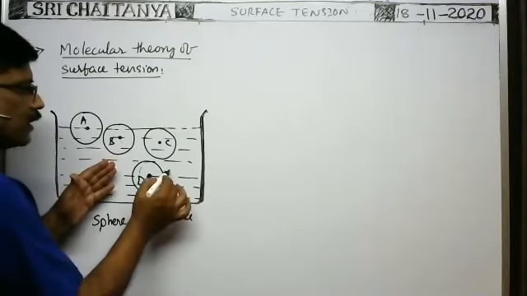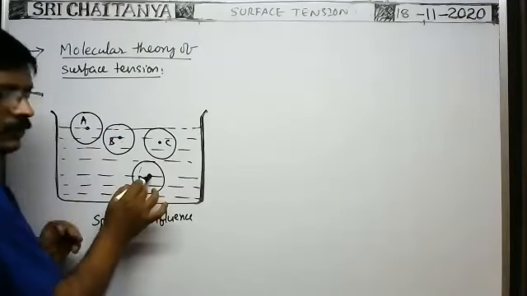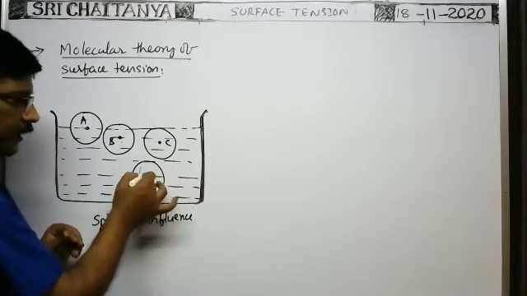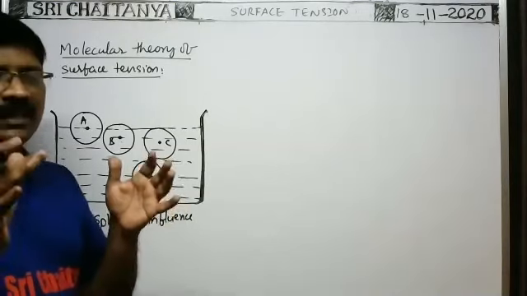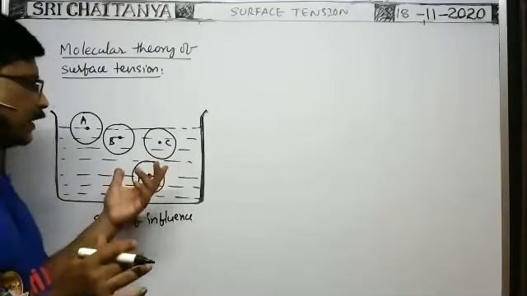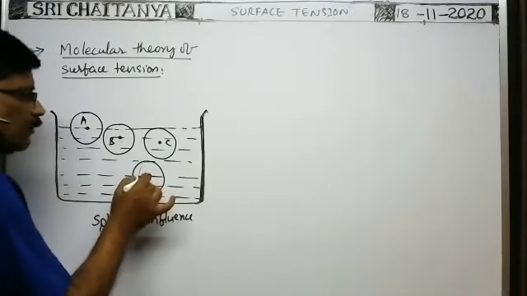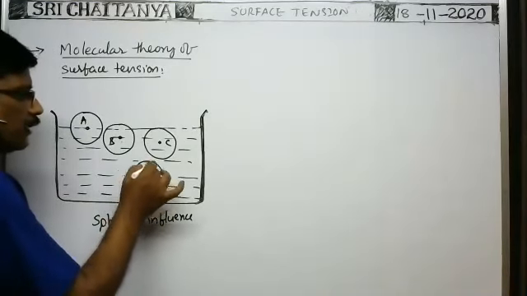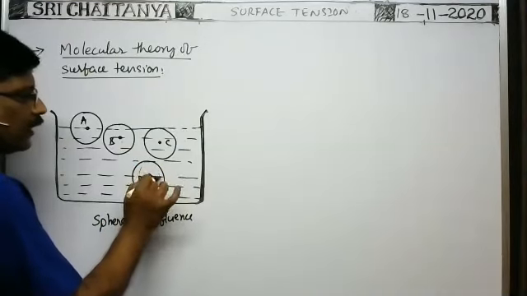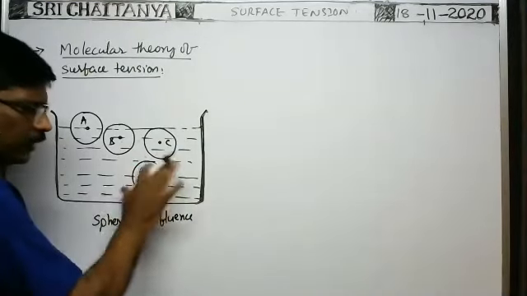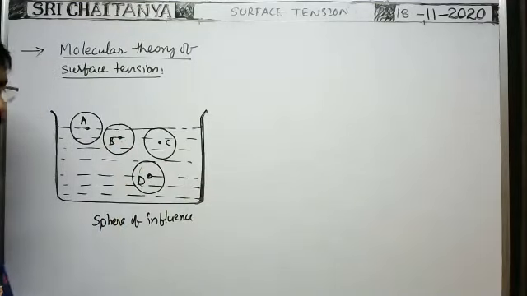Because if molecules lie outside the sphere of influence, those molecules cannot attract this one, because the radius of the sphere of influence is equal to the molecular range of attraction. By taking the molecular range of attraction as the radius, we constructed the sphere of influence with the molecule at the center. That's why this molecule is influenced only by all the molecules present in the sphere of influence. If any molecule lies outside the sphere of influence, no force of attraction acts on this molecule.